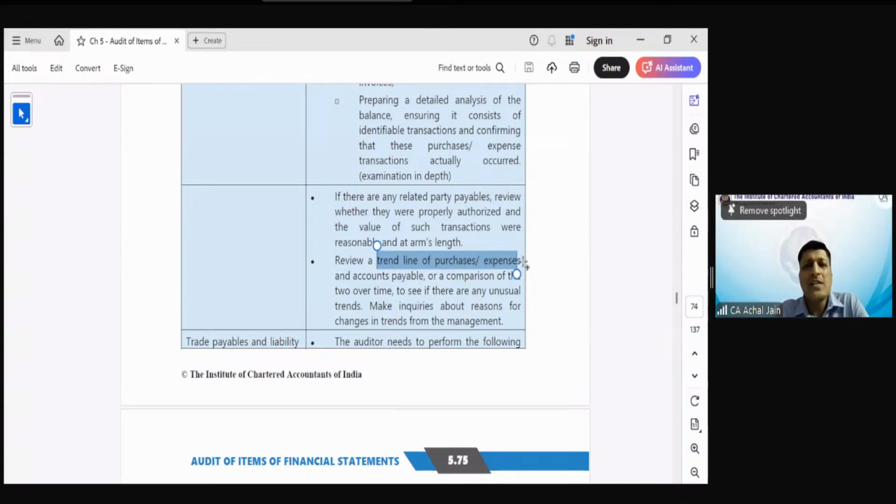But around the purchases, as to whether purchases are increasing or decreasing on a monthly basis, you will evaluate what the trend is and the rationale behind the trend. That rationale needs to be understood. Some sort of variance analysis needs to be looked at. Variance analysis means how the purchases have been behaving year on year.